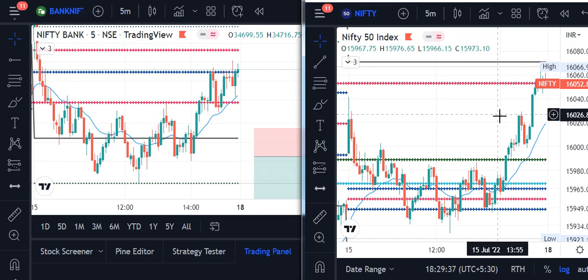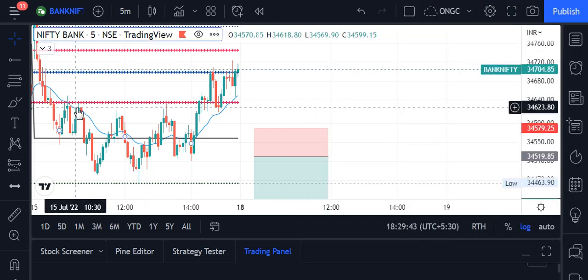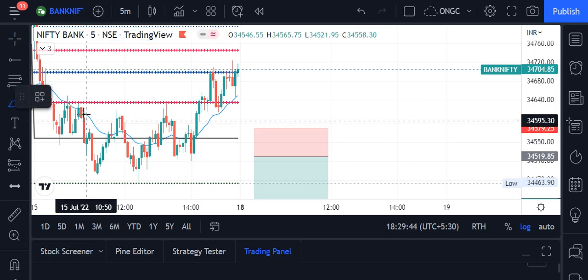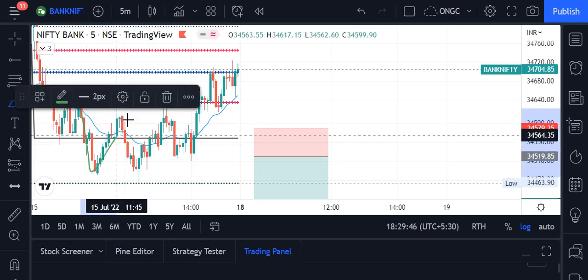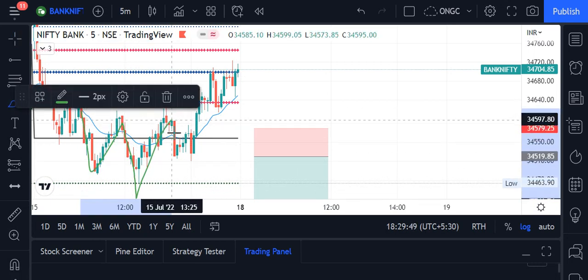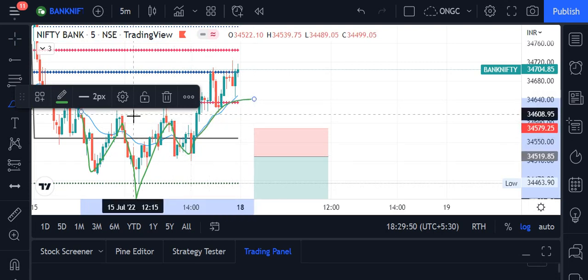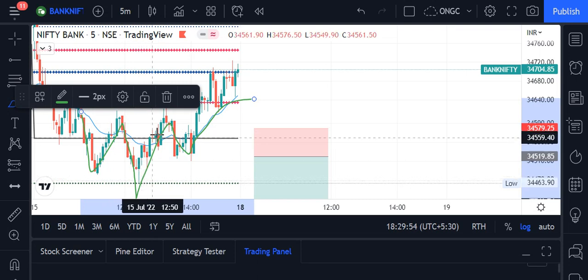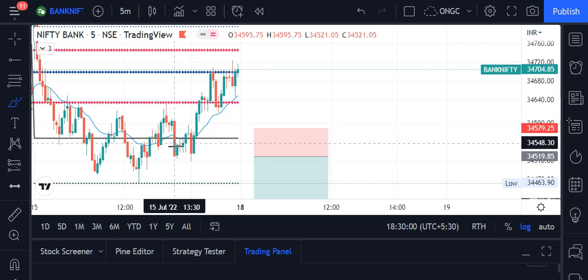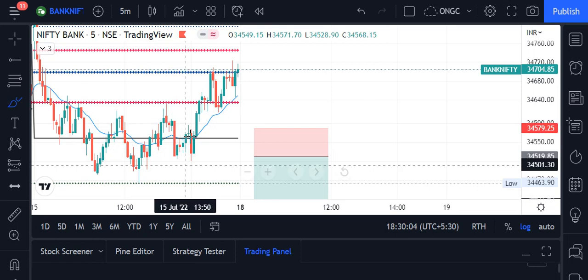This type of whipsaw movement will wipe you out. Most of the time our profits go away in these whipsaw movements, because we take the trade here, it comes here and goes like this, hits your stop loss. Again in this candle it gives the indication, but with a big stop loss here.